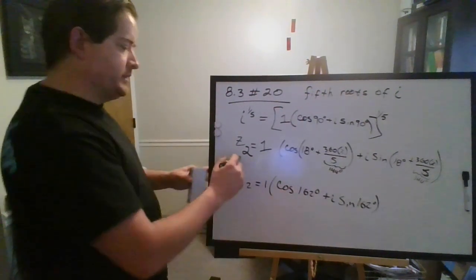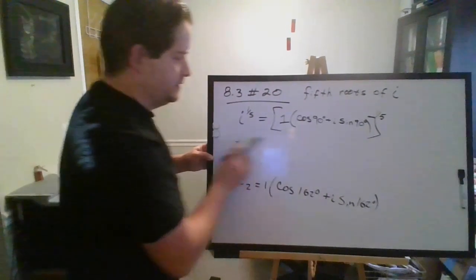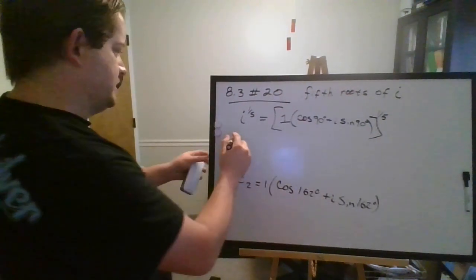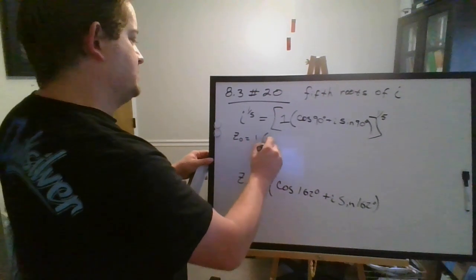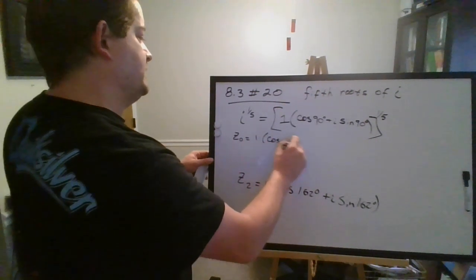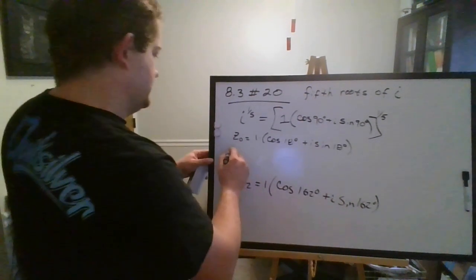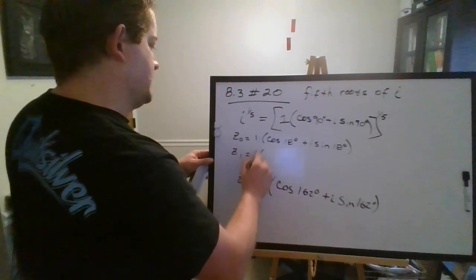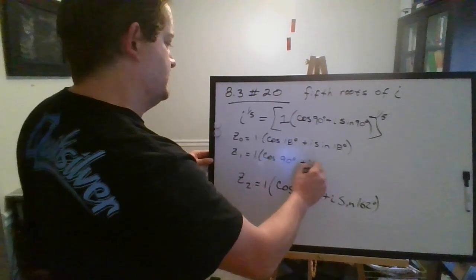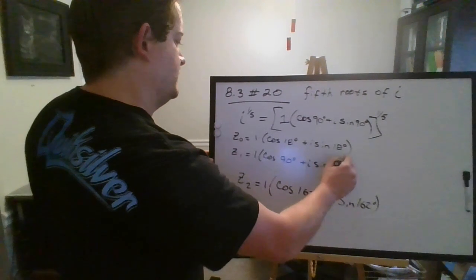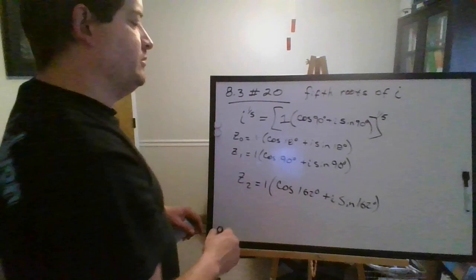Which again, if you'll notice, let me just rewrite Z1 up here. Let me maybe just write them all. Z0 was 1 times the cosine of 18 degrees. Z1 was 1 times the cosine of 90 degrees. Z2 is 1 times the cosine of 162 plus I sine 162.